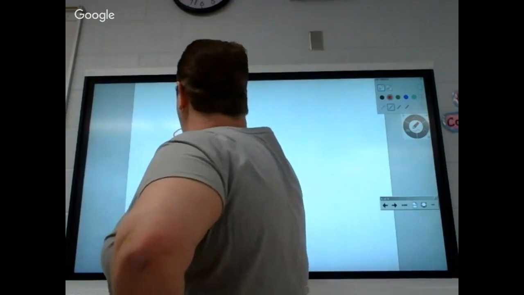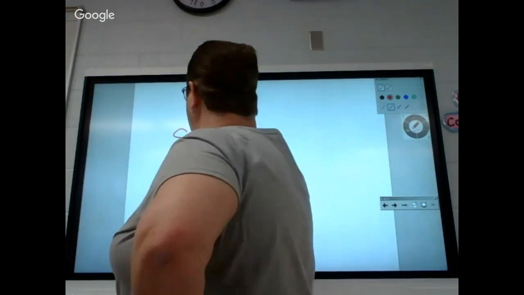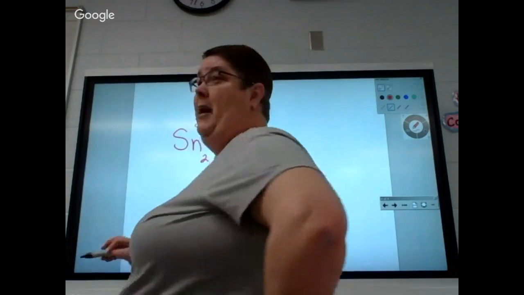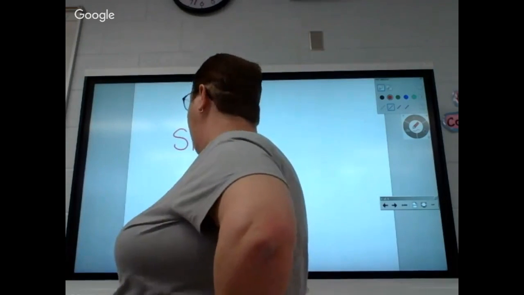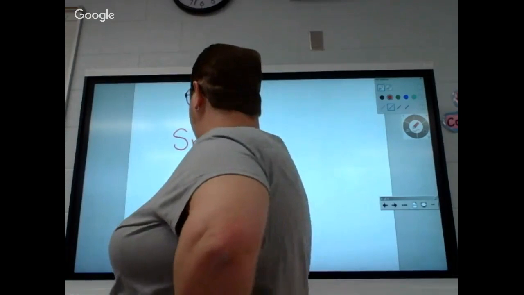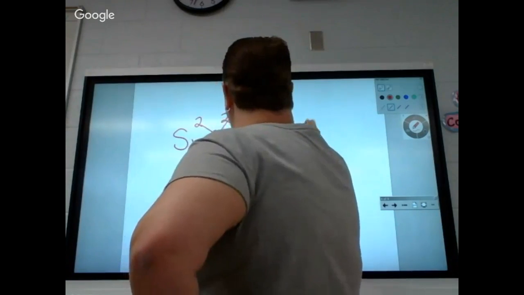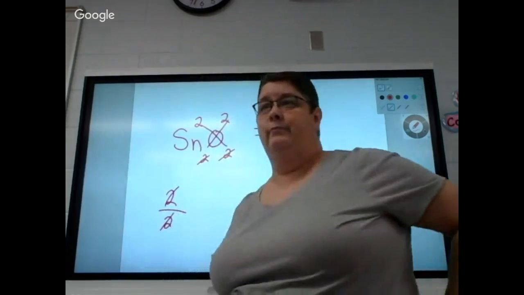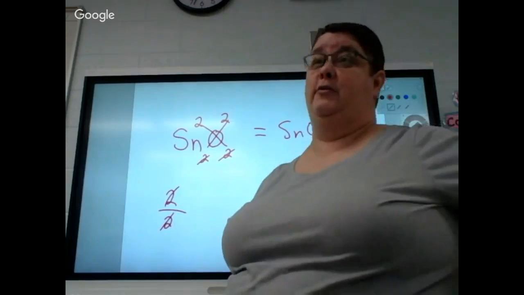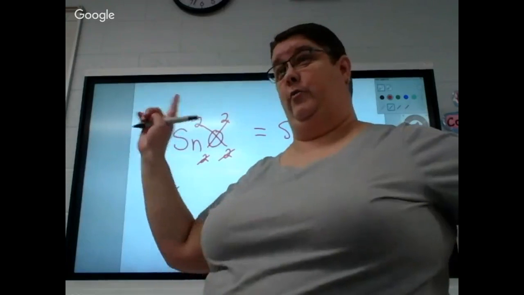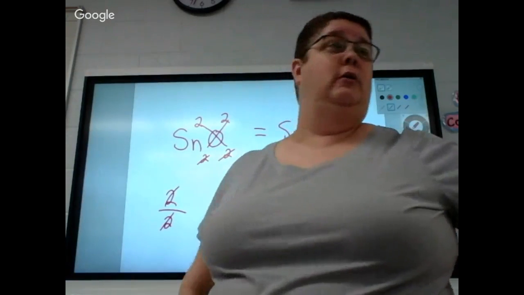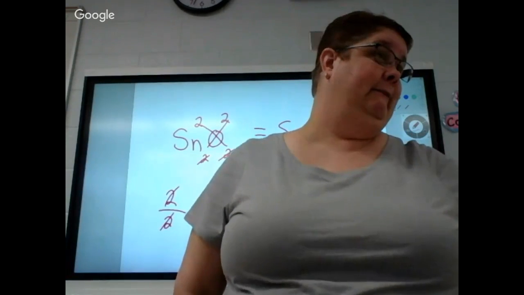Oxygen has a 2. So the 2 comes down, the 2 comes down. Just like in math class, it's like having 2 over 2 where you reduce. So you reduce these also, and you get SnO. I just left the Sn2. I would give you partial credit tomorrow. Okay.